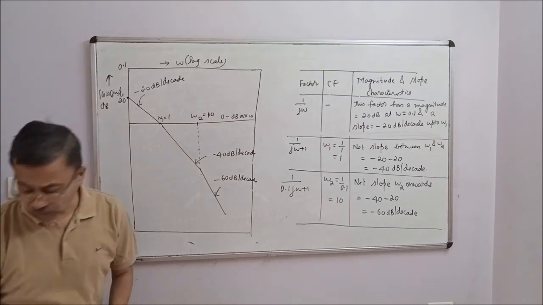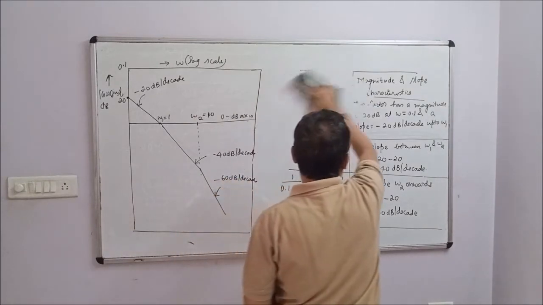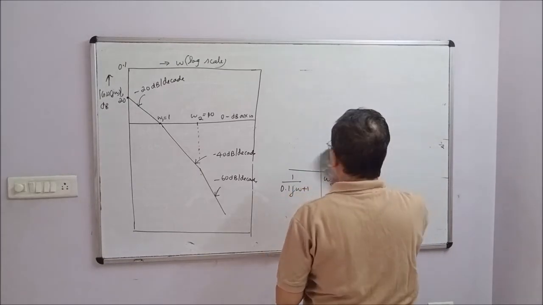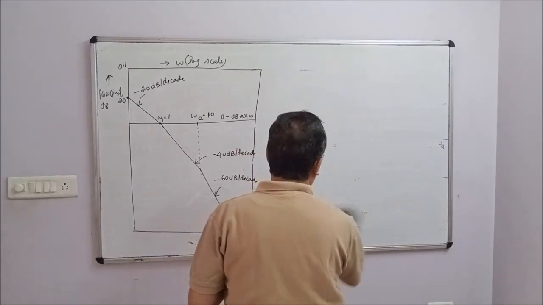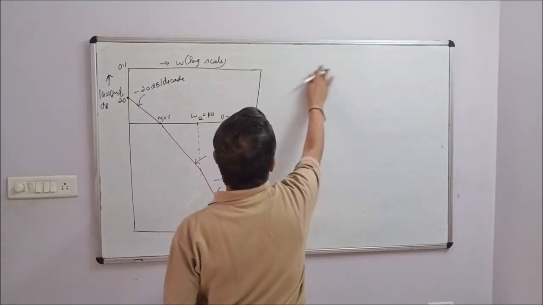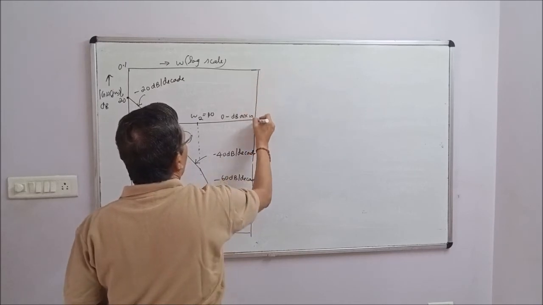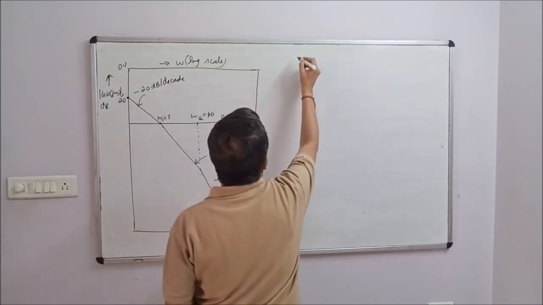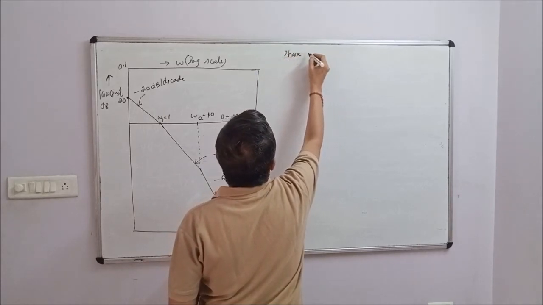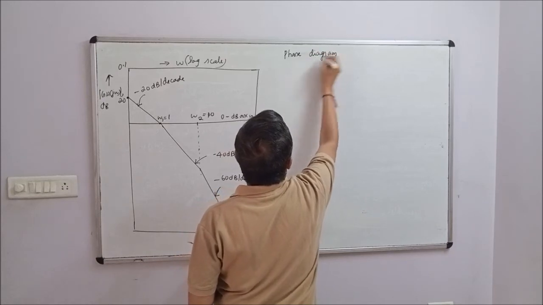Next we shall proceed to draw the phase diagram. For drawing the phase diagram, we have to make a table that gives the values of phi of omega for different values of omega. What is GH of j omega? I am going to now create the table which gives values of phi of omega for different values of omega.